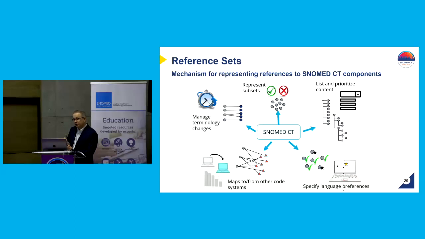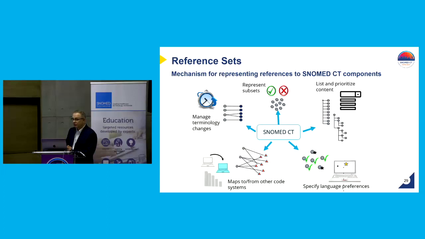They can also be used for subsets. You might not want the whole of the procedure hierarchy. You might just want a particular part within that EHR system. So you can have a reference set that just takes those particular bits you want. It's also good for managing terminology changes, those sort of things.